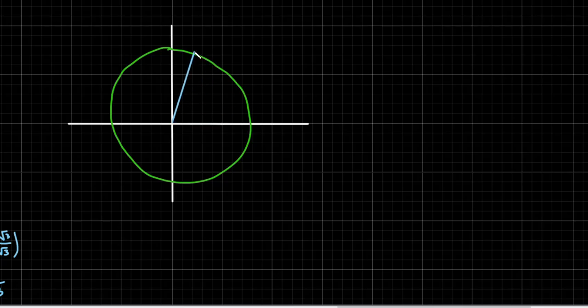I'm going to go up 60 degrees. So about like right there. So I'm down here and I'm over here. You guys already know all sides of this triangle already. So this is 60 degrees and this is 30 degrees. Boom.